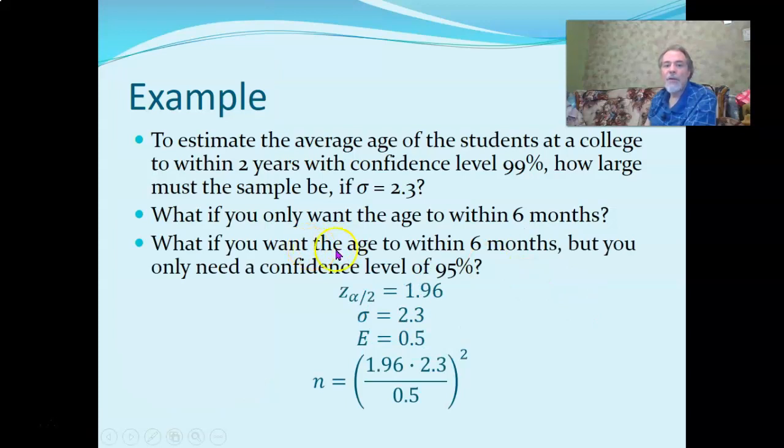And what if you want the age to within 6 months, but you only need a confidence level of 95%? For a 95% confidence level, now z sub alpha over 2 is going to be 1.96. So that's what we put into the formula.